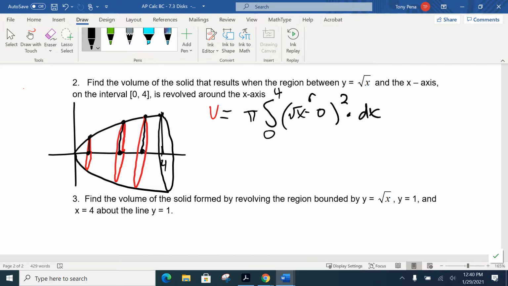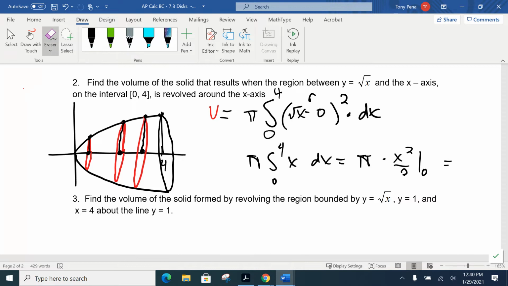That one's probably just as easy to do by hand as it would be to pull out your calculator. So square that radical, and this would just give you x squared over 2 from 0 to 4. So we would get pi times 8 minus 0. So our answer would be 8 pi.